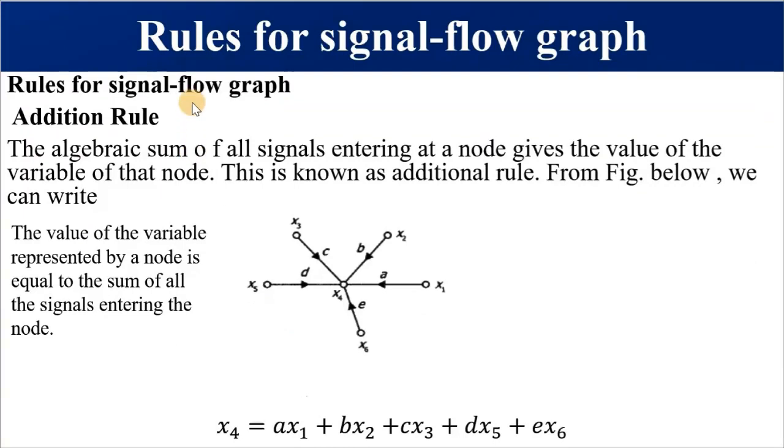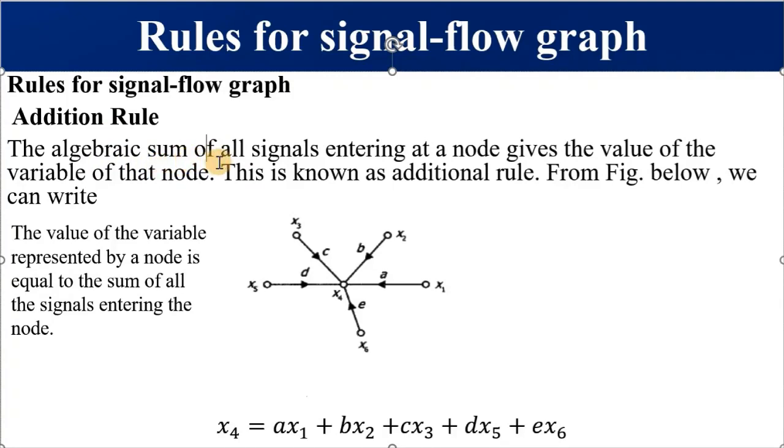Let's discuss rules for signal flow graphs, just as we did rules for block diagrams, and we've got what we call the addition rule. The addition rule: the algebraic sum of all signals entering a node gives the value of the variable of that node. And let's talk of x4.